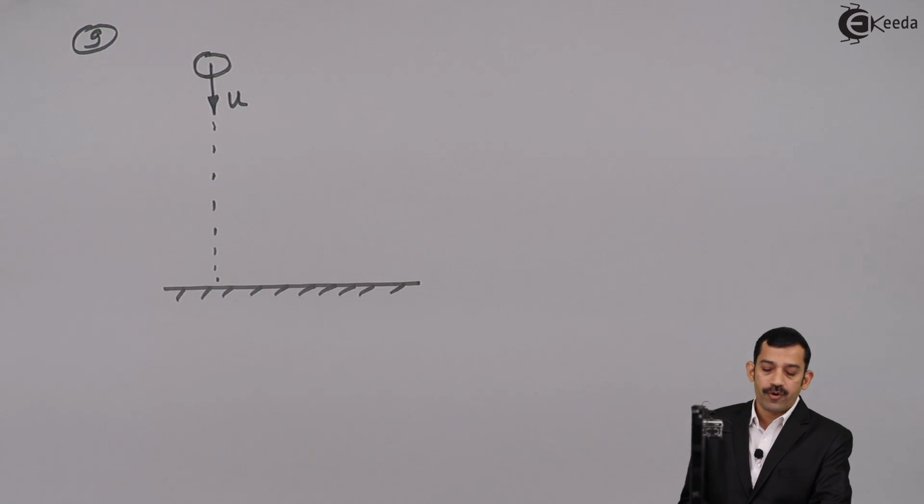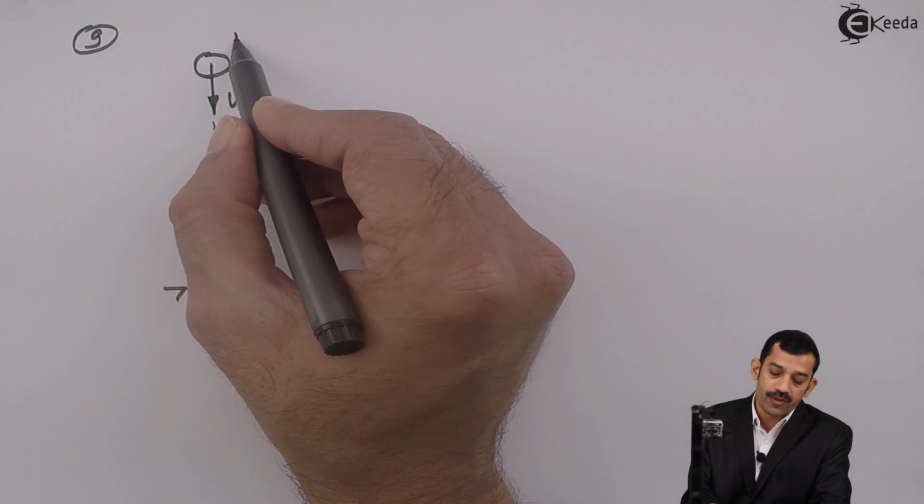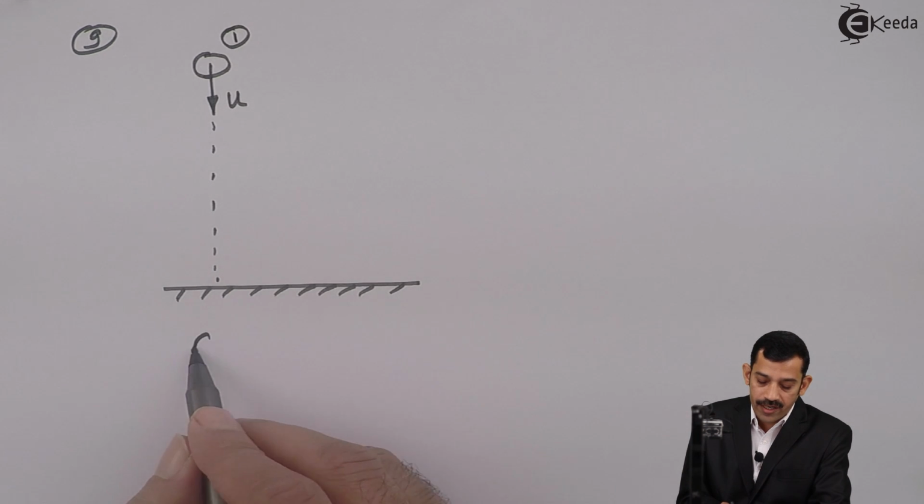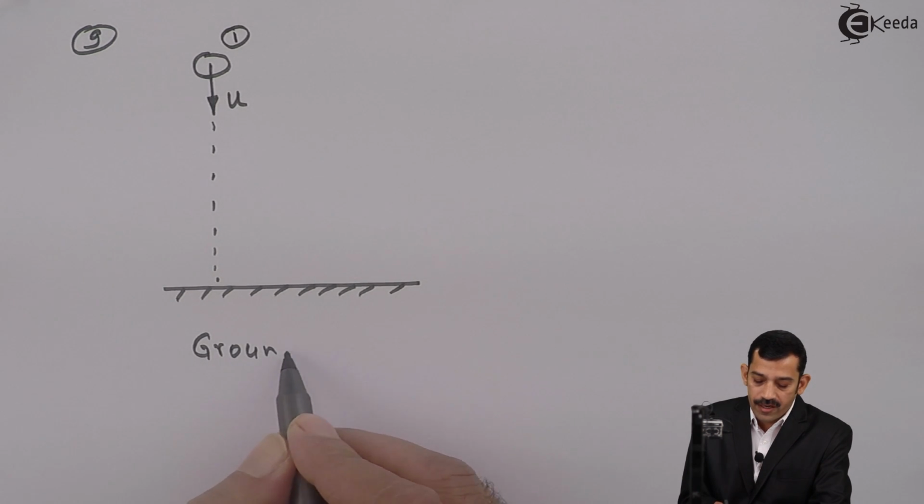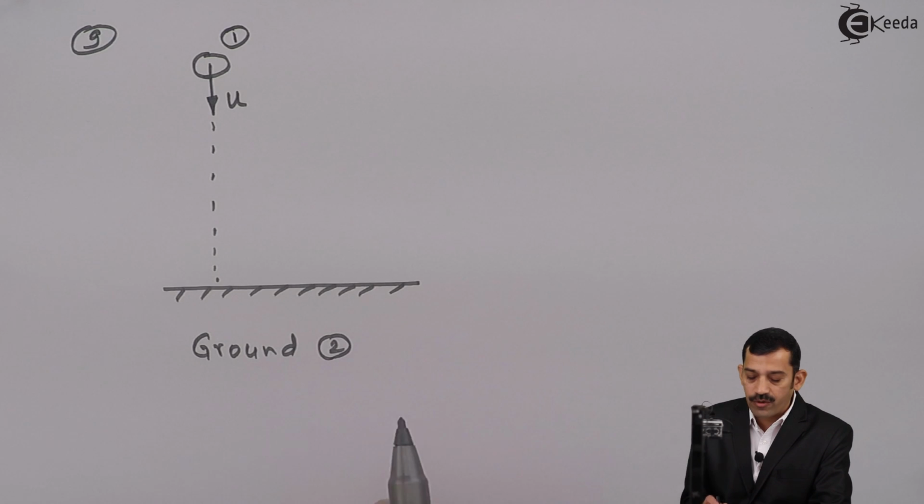Now what is the mass of the ball? It is negligible as compared to the ground, meaning the mass of the earth is infinite as compared to the mass of this body 1, the ball. Say this is body 1 and this is the ground, which we take as body 2.